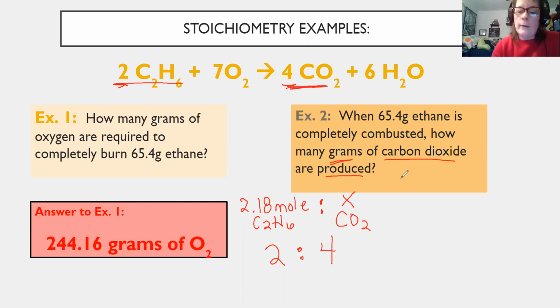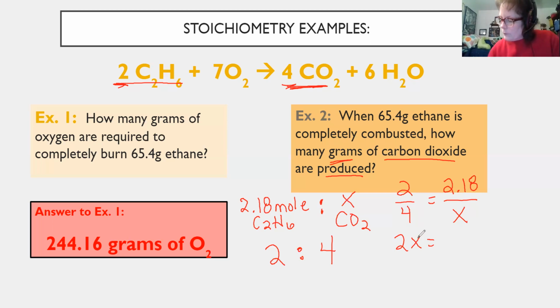So let's work that out. 2 over 4, and we have 2.18 is what we actually have, and they want you to figure out how much CO2. So that's 2x, and then 4 times the 2.18. That's going to give you 8.72. Okay, solve for x.